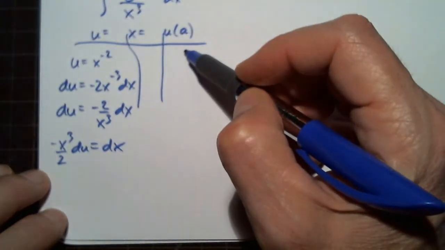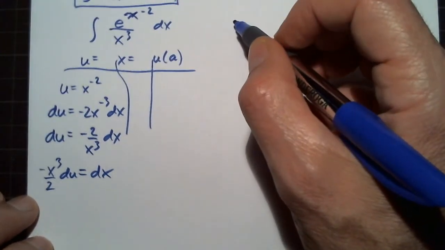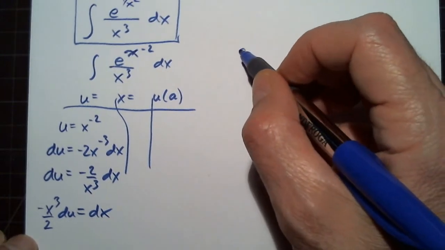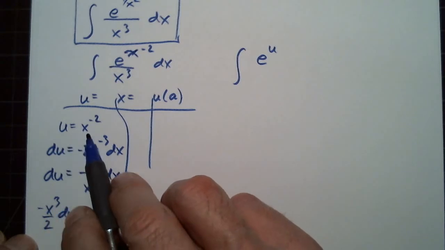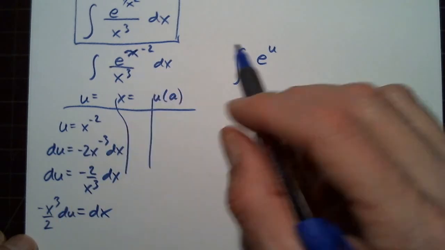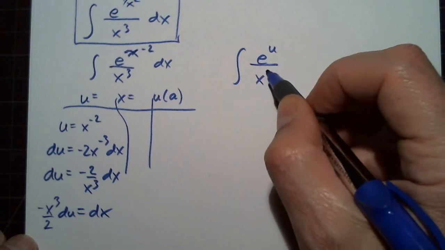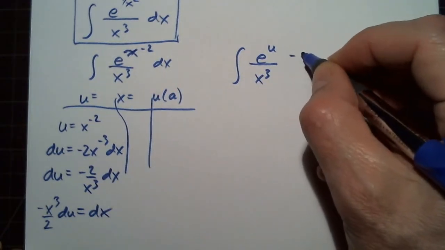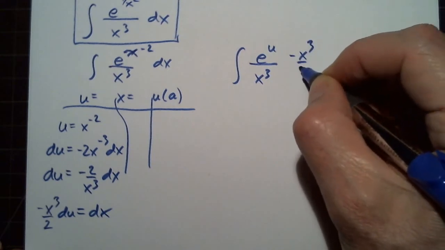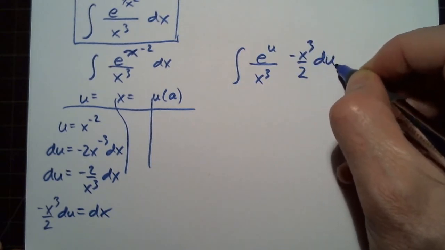There are no limits, we don't need that, and we'll have e to the u, so u is x to the -2, x cubed dx is negative x cubed over 2 du.